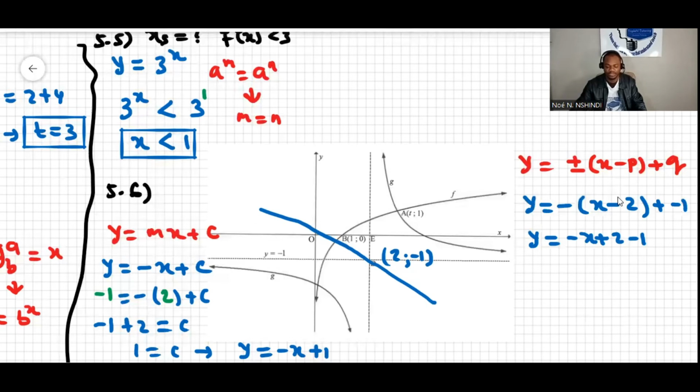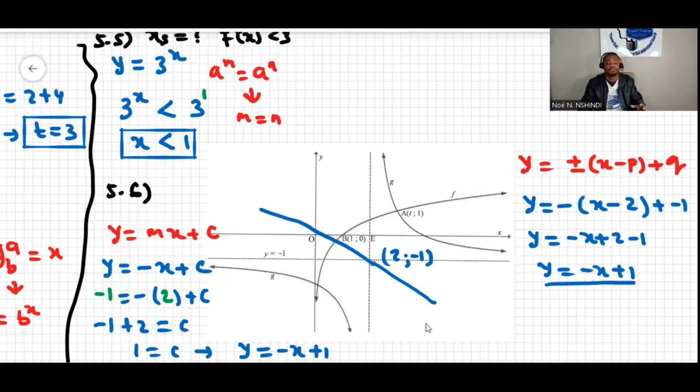So y will be equal to minus x plus 1. So this is so far the equation of the line of symmetry that has a negative gradient.